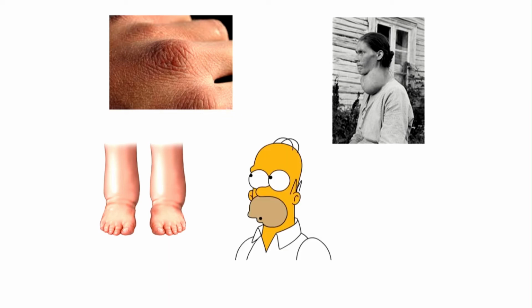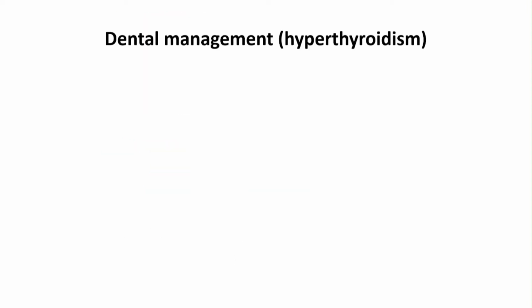Also cold clammy skin, goiter could also be seen in hypothyroidism, tibial edema, and hoarseness. That means the voice becomes too rough. So these are the clinical manifestations of a patient with hypothyroidism.